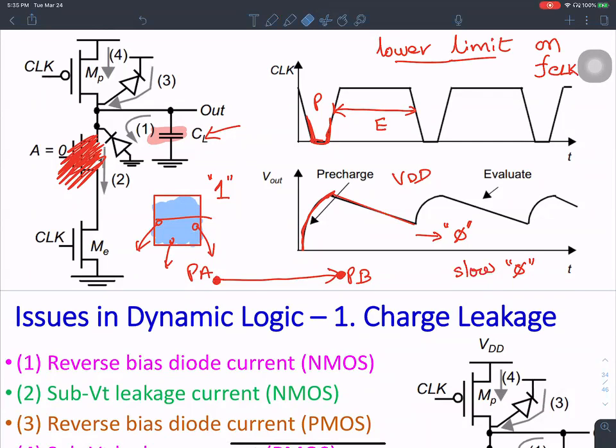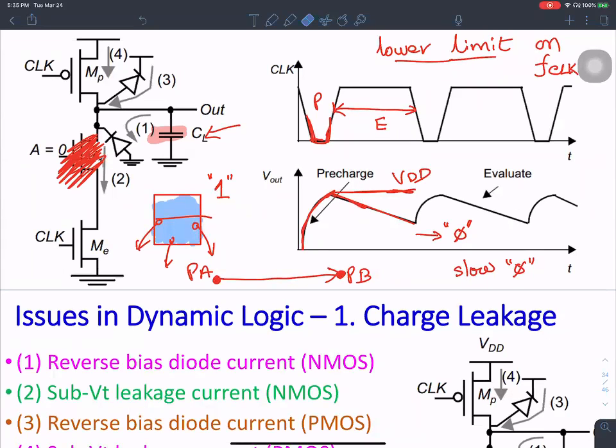Similar to carrying a leaky bucket slowly, you will not be left with any water. If you are operating at a slow frequency, the leakage mechanisms drain the voltage on CL towards ground. If you're fast enough, the voltage is still reasonably close to where it's supposed to be. That's the idea.